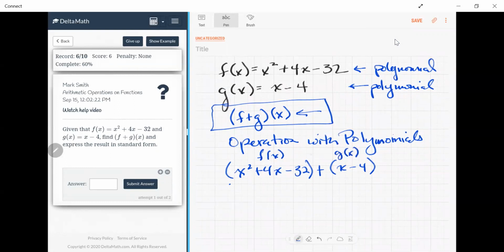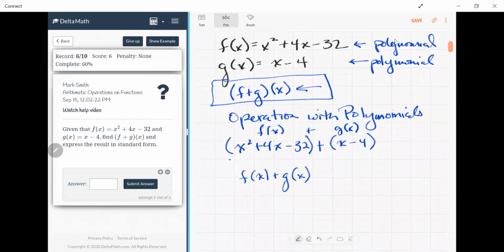And if we add them together, we could see this written as f of x plus g of x. Then we don't have to write out the whole thing again when we say it. This could also be written, and these things are equal both ways, with f plus g inside the parentheses, and that means the same thing.